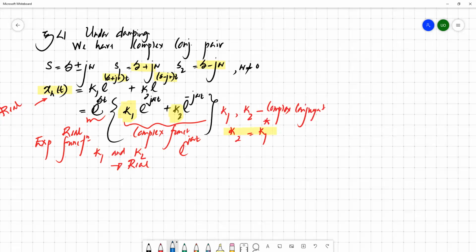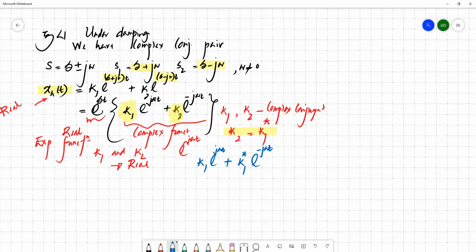How can we do it? Let's assume we now have k1 e to the power j omega t, and k2 becomes k1 conjugate e to the power minus j omega t.